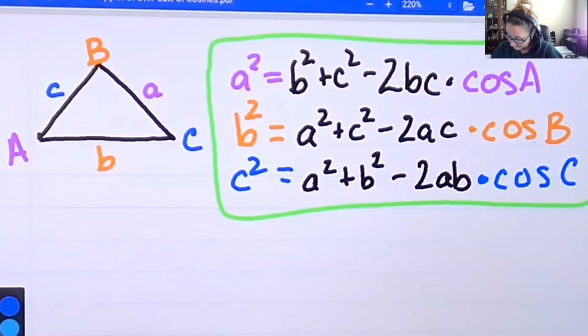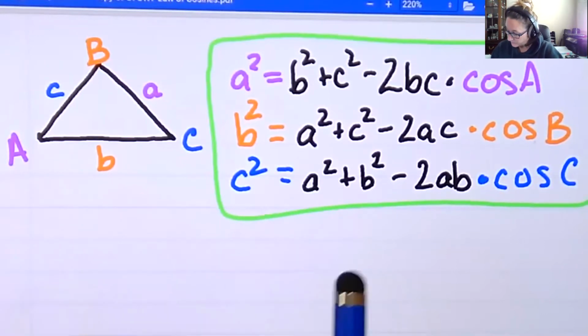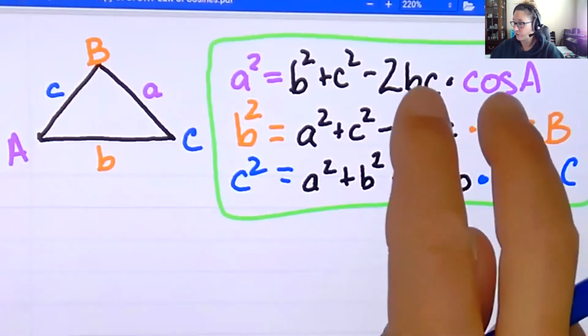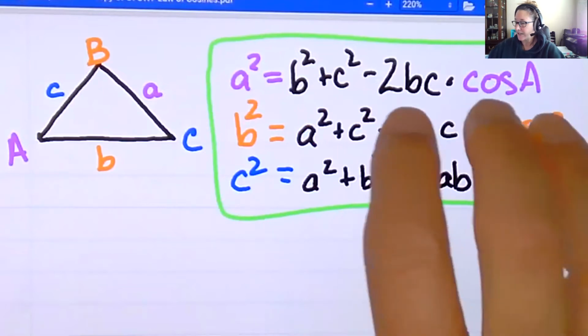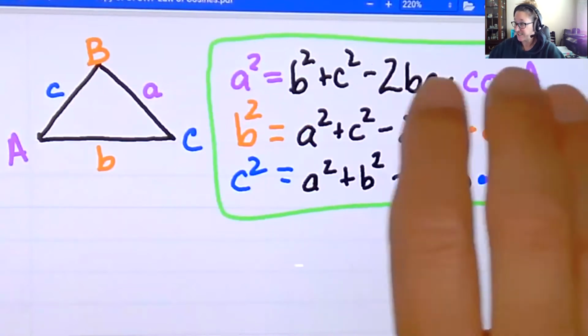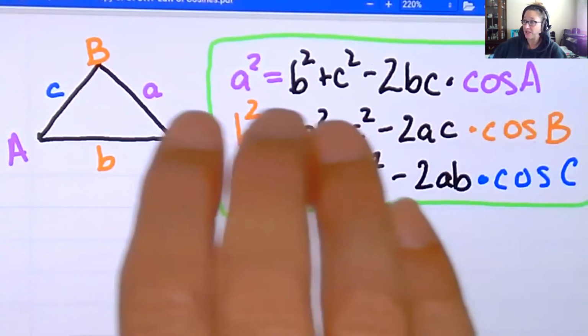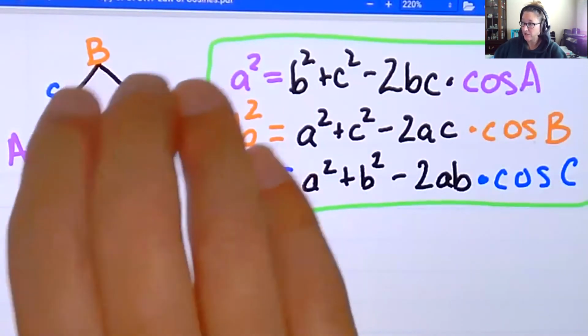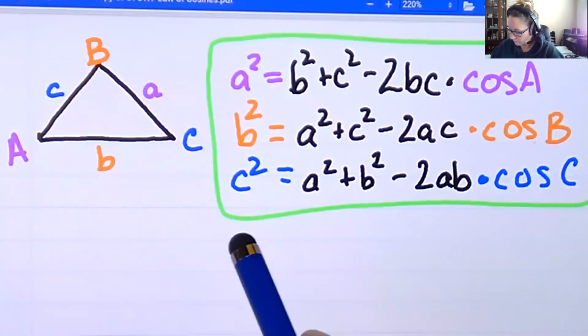So let's say I'm trying to find cosine A. Looking at this formula, I'm going to take this minus 2bc times cosine A and put it onto this side. I'm going to work this one out, and then erase part of the work.